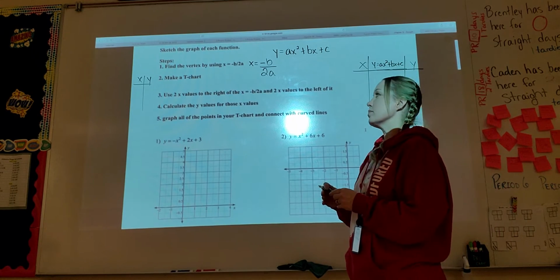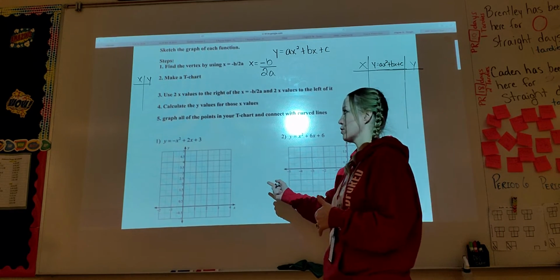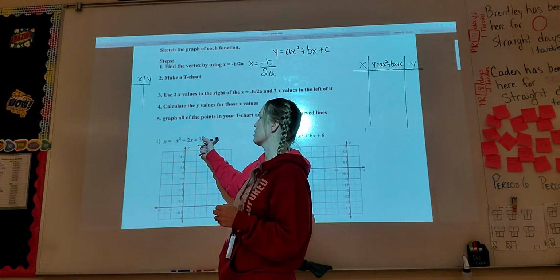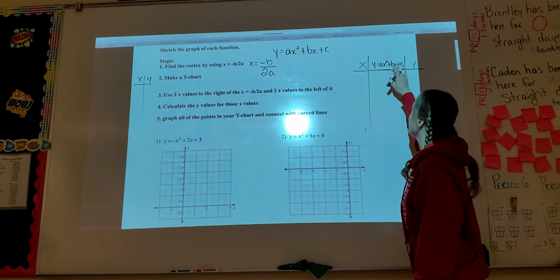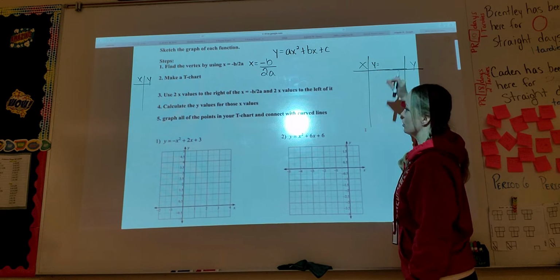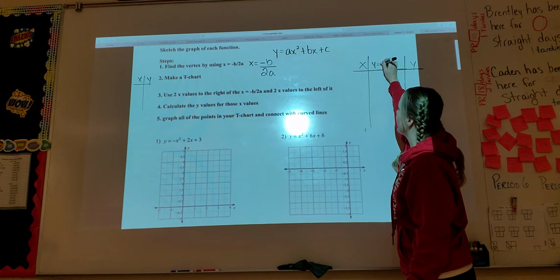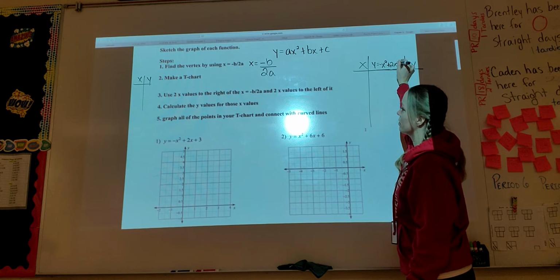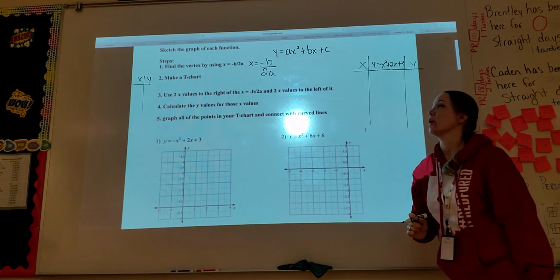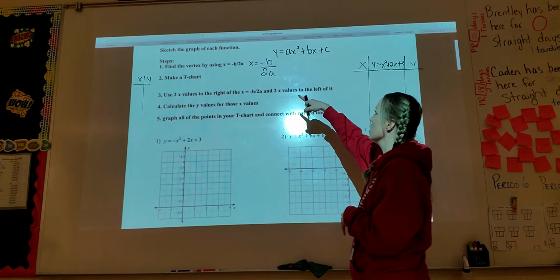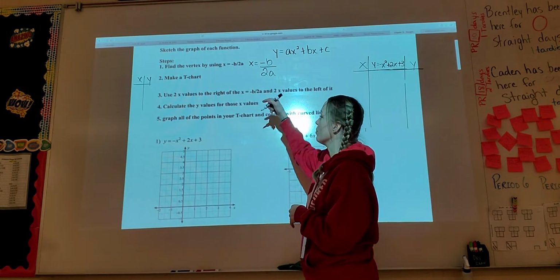So let's just start. The first one here, you've got y is equal to negative x squared plus 2x plus 3. So I'm going to go up here and make my function table. I've got y is equal to negative x squared plus 2x plus 3. Okay, so the first thing that it says to do is to find my vertex by using x is equal to negative b over 2a.